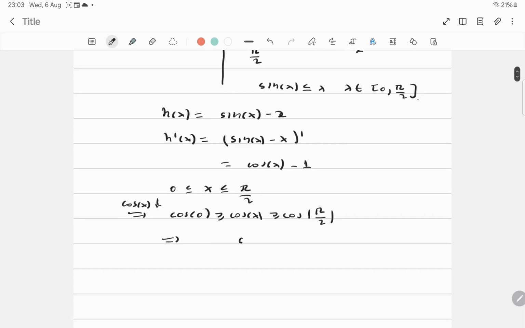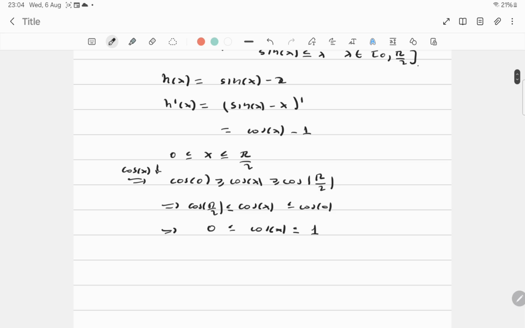Let me rewrite the inequality: cos x is greater than or equal to cos pi over 2, which is 0, and less than or equal to cos 0. So cos x is between 0 and 1.